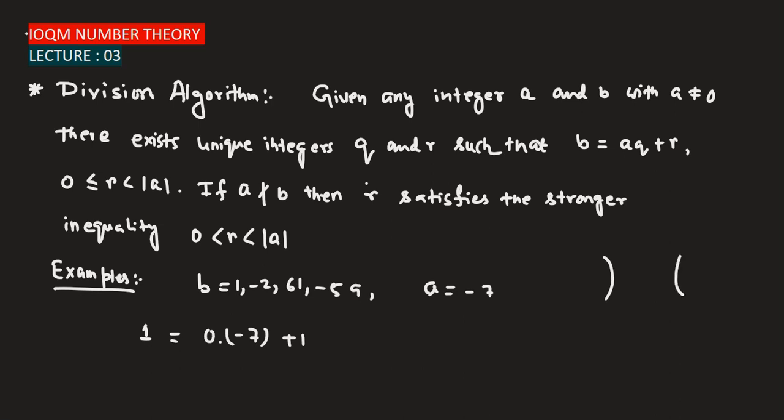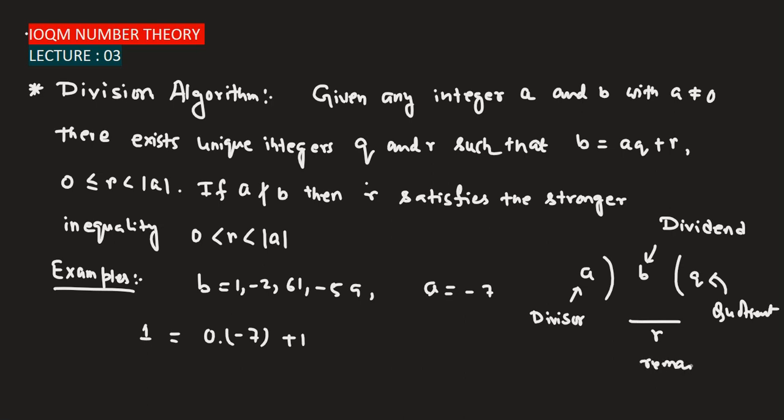Here this is a, this is b, here you are getting q and here is r. This is known as the divisor. B is called the dividend. Q is the quotient. R is the remainder. So always remember, the remainder is non-negative. That means the remainder is either 0 or positive. So here this is our remainder.